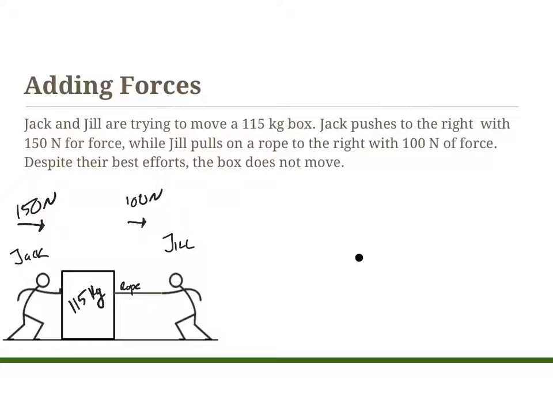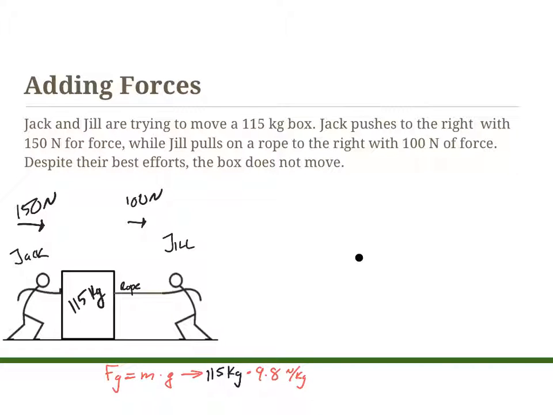I'm going to use my formula: force of gravity is equal to mass times the gravitational constant, which means the mass of the box, we said, was 115 kilograms, and the gravitational constant is always 9.8 newtons per kilogram.